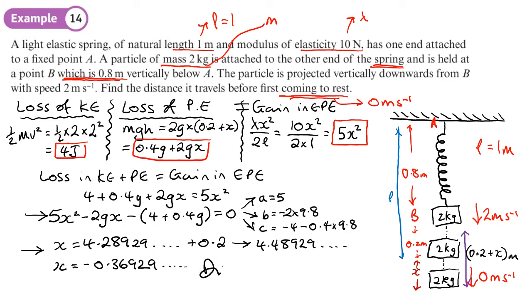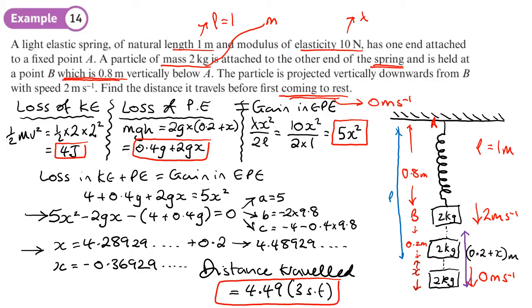So we could write down the distance travelled equals 4.49. Now I suppose because we've used g to 2 significant figures, then our answer should be, strictly speaking, to 2 significant figures, 4.5, but I'm sticking with my 3 significant figures, so 4.49 is that distance travelled before coming to rest.